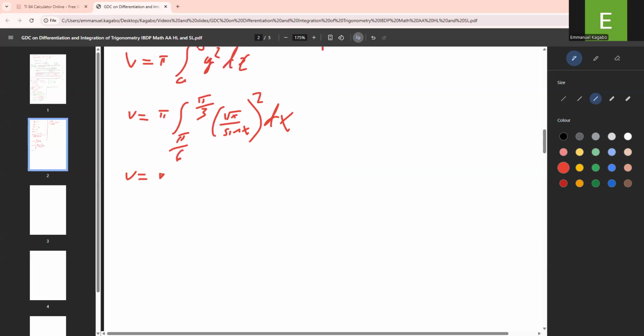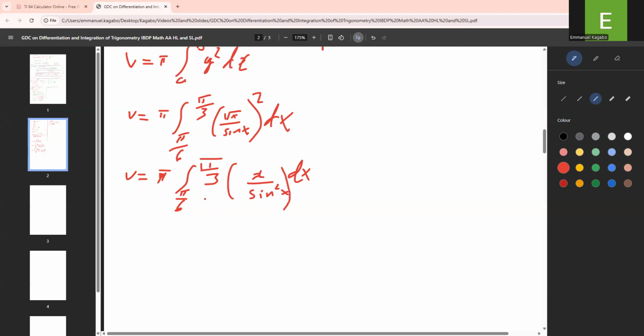So it is pi times the integration from pi over 6 to pi over 3. Now, when I square that, that will give me x, right? Because square root of x, squared. Then this one will be sine squared x, dx. That's the function I have to integrate.